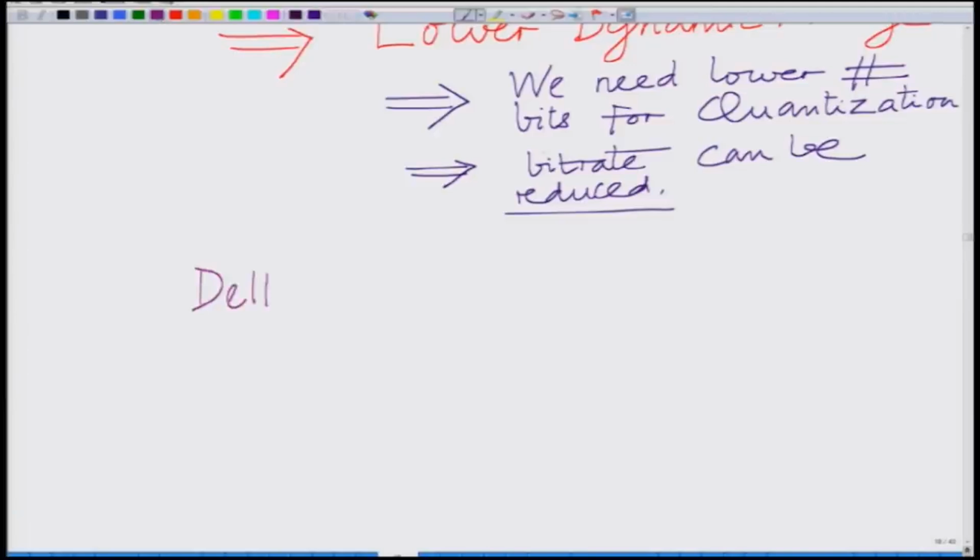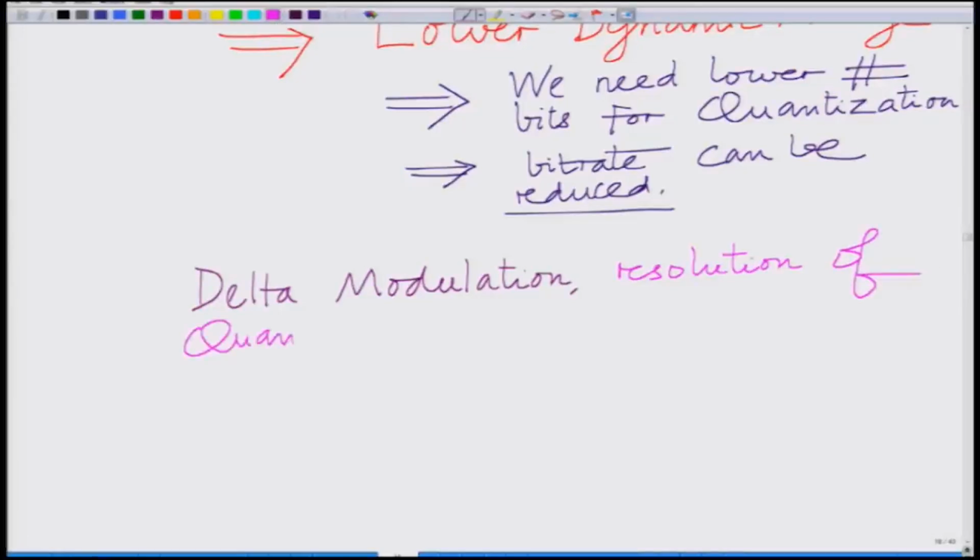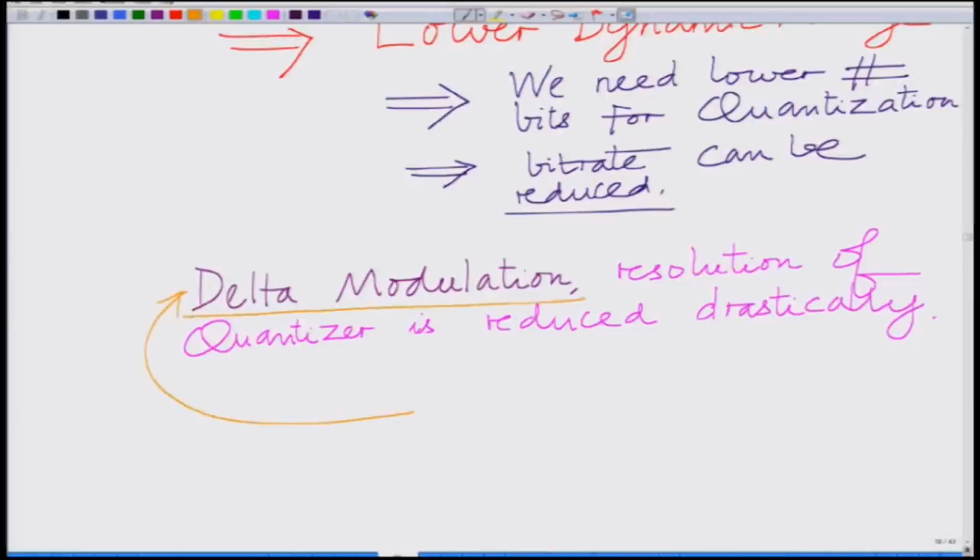So, in delta modulation, the resolution of the quantizer, we need only a single bit, as we are going to show.